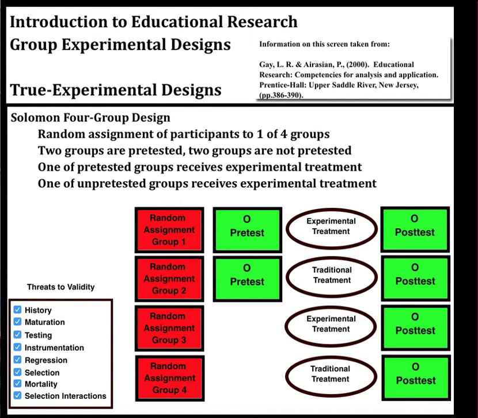Although this is an excellent design, it may not always be the best choice. For one thing, the design requires twice as many participants as most other true experimental designs. As a general rule of thumb, which design is best to choose depends on the nature of the study and the conditions under which the study is conducted.